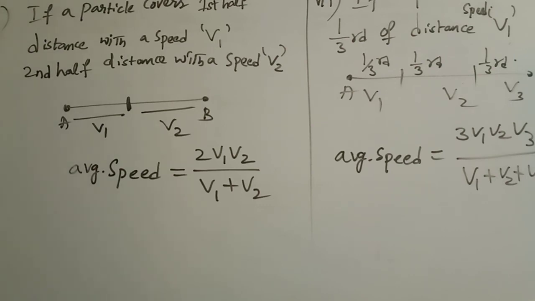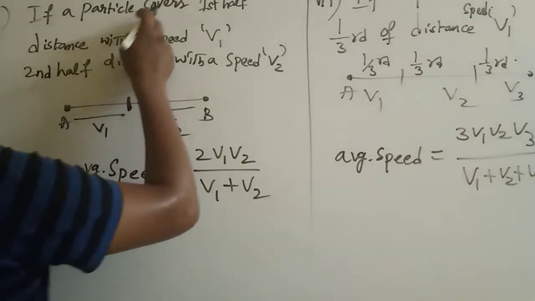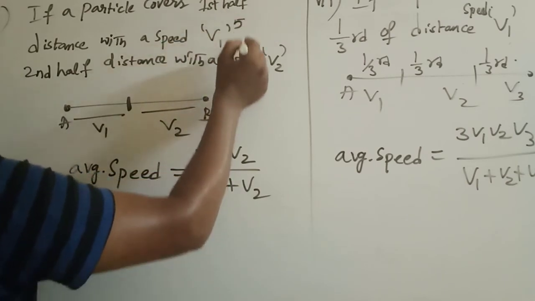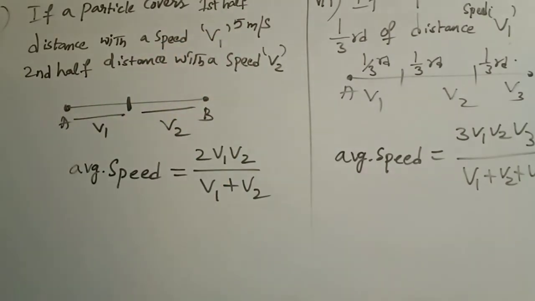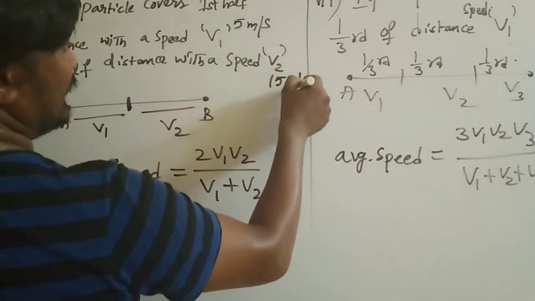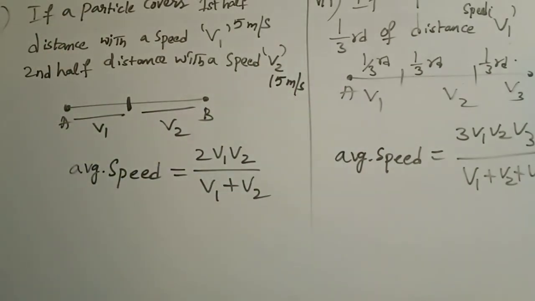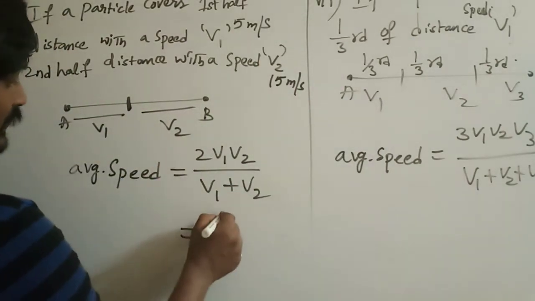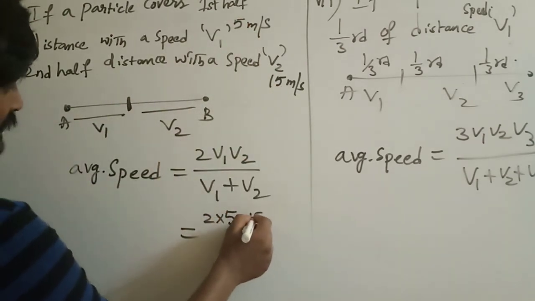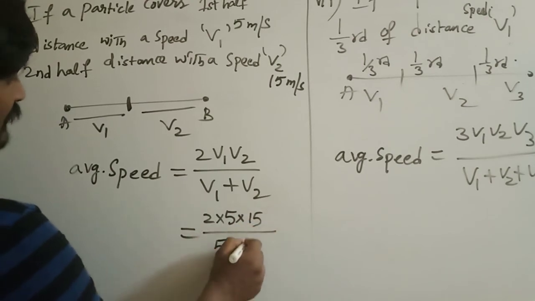For example, I'll take the 6th one example, 7th one example, and I'll solve. See, they may give you, if a particle covers first half distance with a speed of 5 meter per second, and another one it is 15 meter per second, what is your average speed? It's again very simple. 2 into v1, v1 is 5, v2 is 15, 5 into 15 upon 5 plus 15.